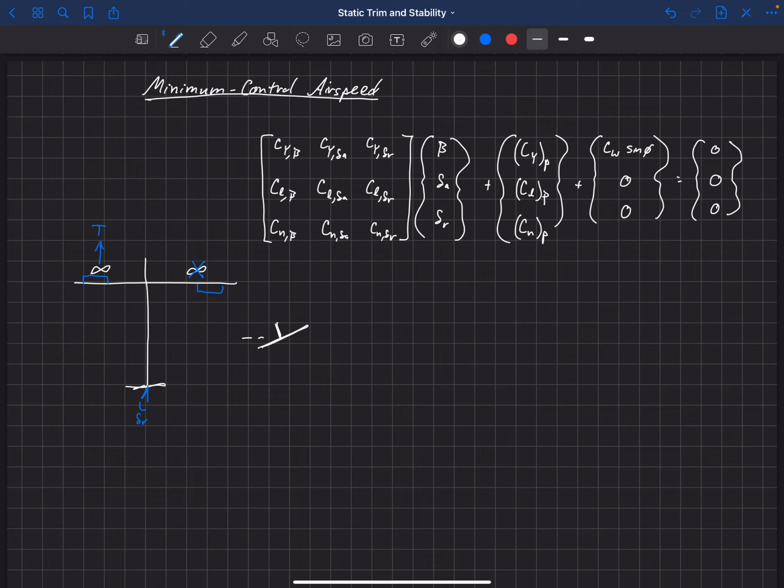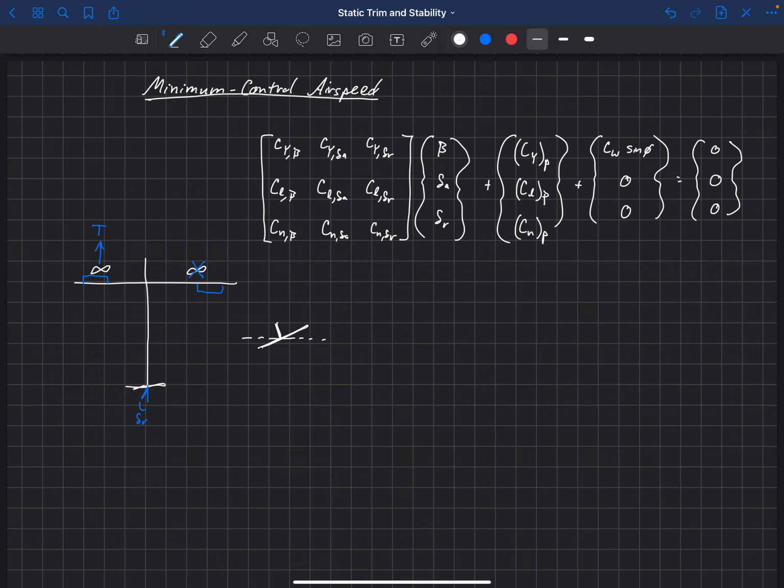So now we've seen that we can trim this by increasing the bank angle and changing the side slip and the bank angle. Within these linear approximations, the further we bank, the less deflection is going to be required to trim this out. Well, the worst time for this to happen is actually during takeoff and landing.